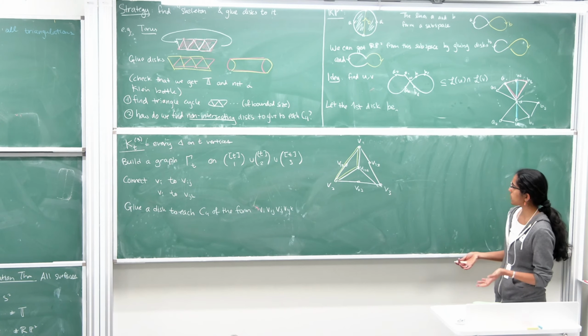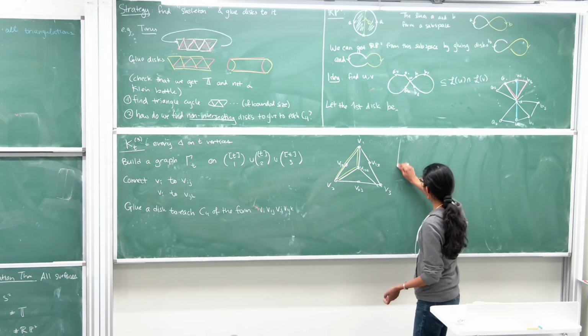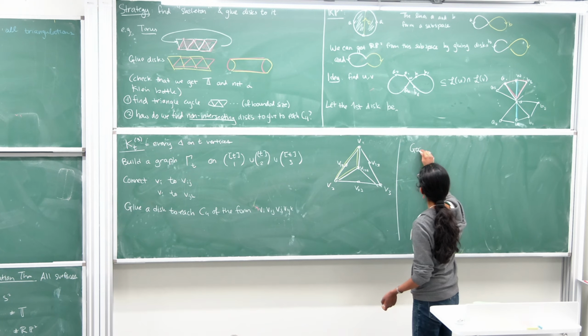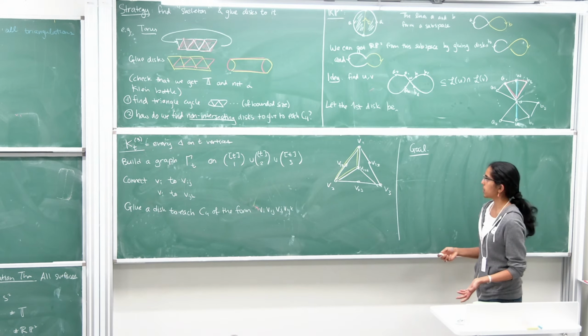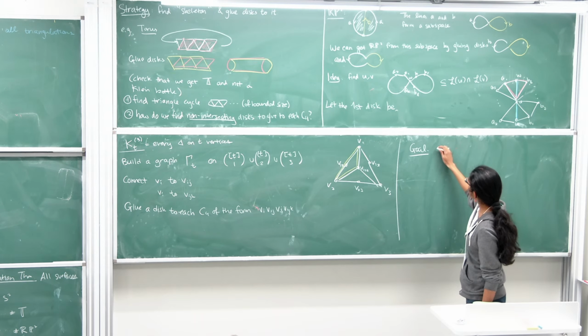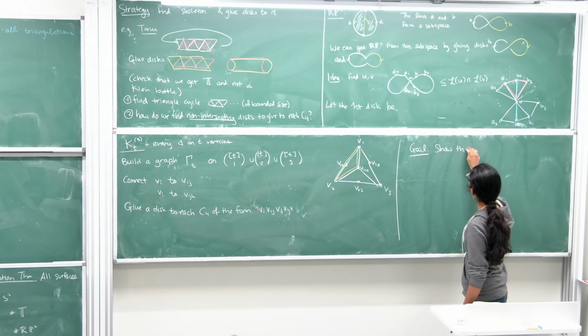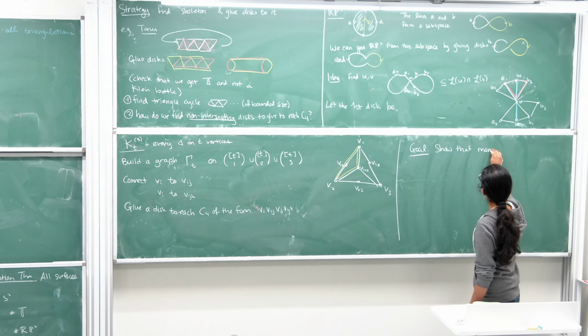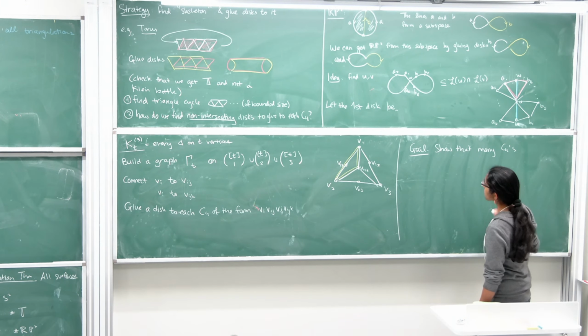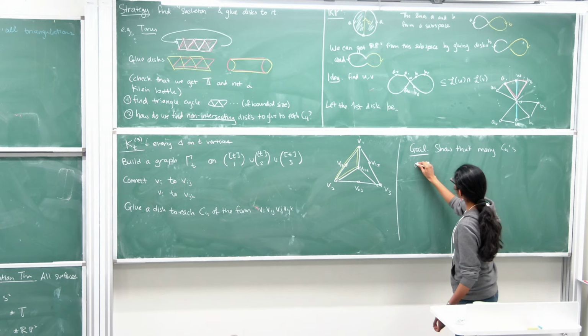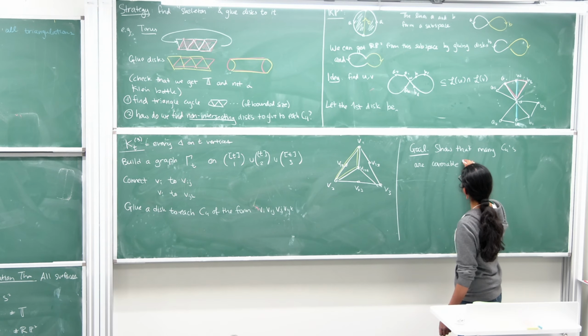So the question really becomes, how do we show that many C4s are coverable by many disks?